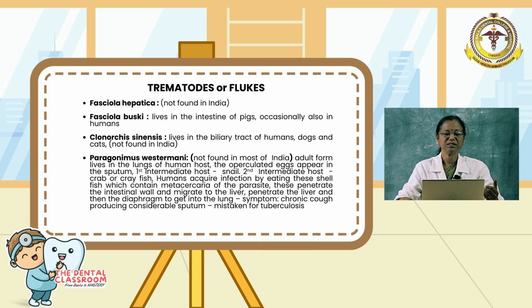They penetrate the intestinal wall, migrate to the liver, penetrate the liver, and enter through the diaphragm to the lung, and there will be chronic cough in these infected persons. You can even see some of these patients misdiagnosed as tuberculosis. Actually, the infection may be due to Paragonimus westermanni, but they may show typical symptoms of TB.